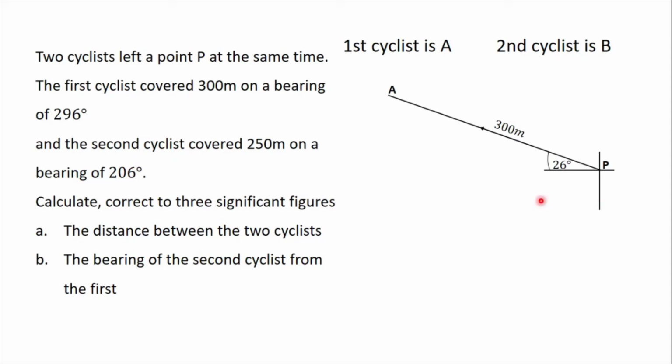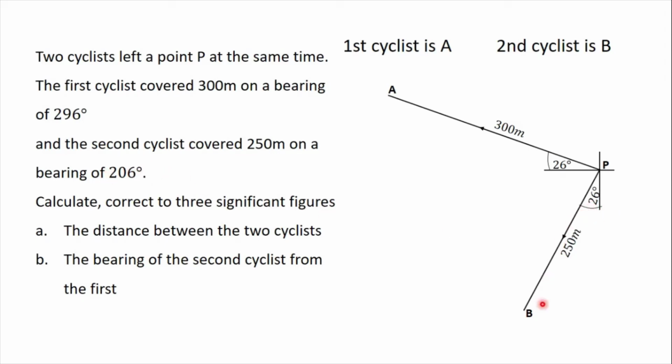So 206 is between 180 degrees and 270 degrees. So you ask yourself, what should you add to 180 degrees in order to get 206 degrees? And that will be 206 degrees minus 180 degrees. That will give us another 26 degrees. If you add 26 degrees to 180 degrees, you get 206 degrees.